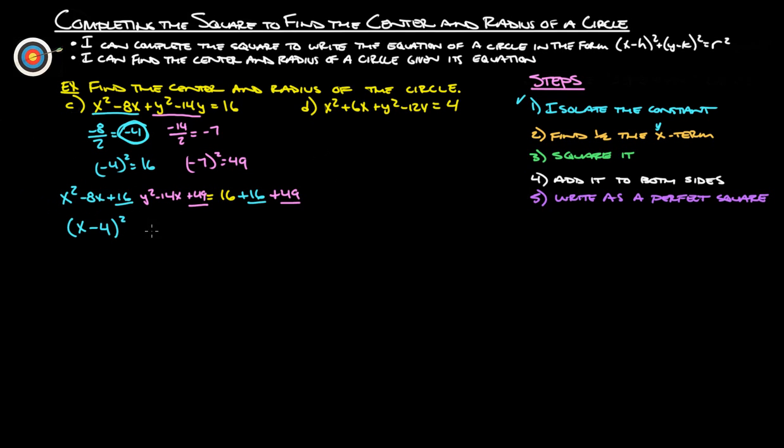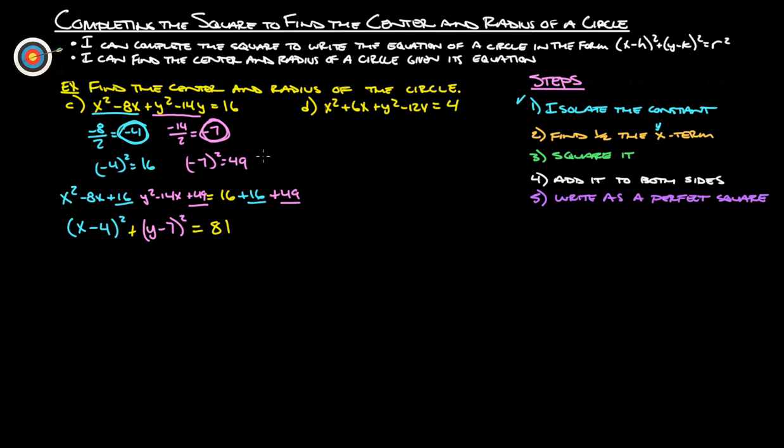And then for the y, here's half of our y term, so y minus 7 squared. We're going to add those together, and that's going to equal this whole thing all added together. So that's 32 and 49, which gives us 81.